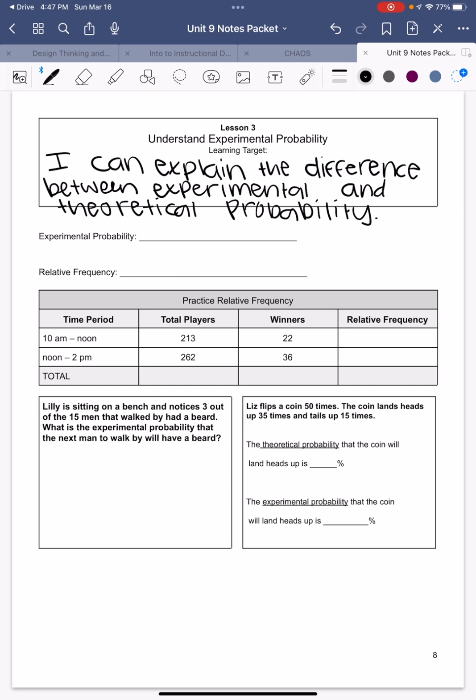So we've been talking about all earlier this week. We just quizzed on it, and we even talked about it last week, what theoretical probability was. We've been calculating it. We've been talking about it, all of that stuff.